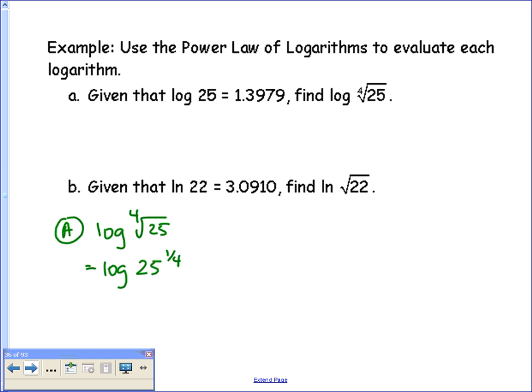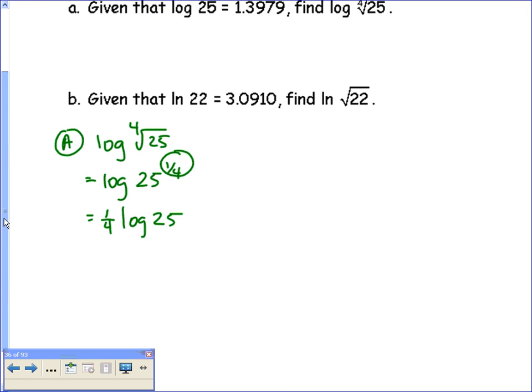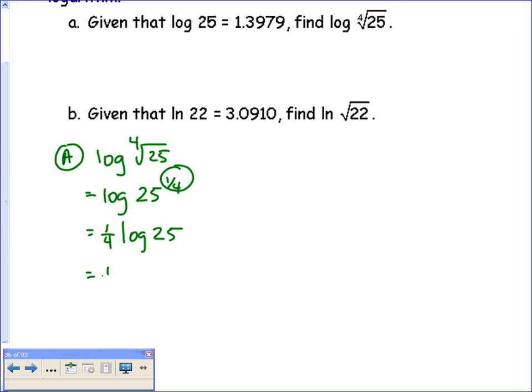Then the power law says that I can take this 1/4 and put it out front: 1/4 times the log of 25. I know what the log of 25 is, so that is 1/4 of 1.3979. If I take a fourth of that, I get 0.3495.